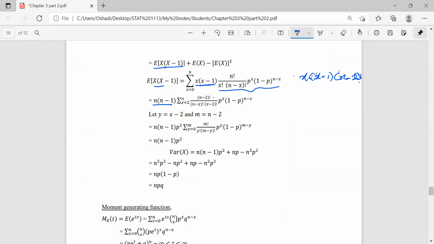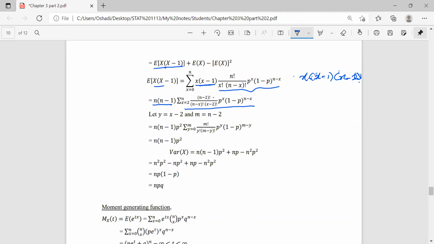After taking n into (n minus 1) out, within the summation this part is the remainder. As earlier, we let y equal x minus 2 and m equal n minus 2.